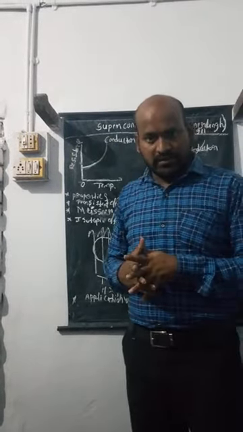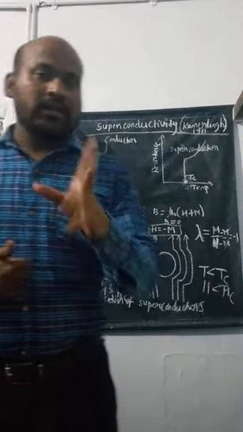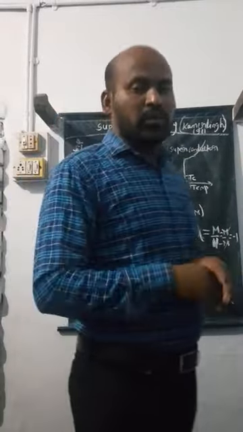What is a superconductor? Are you getting my point? So what is the critical temperature? The temperature at which the material shows 0 resistance is the critical temperature or transition temperature.